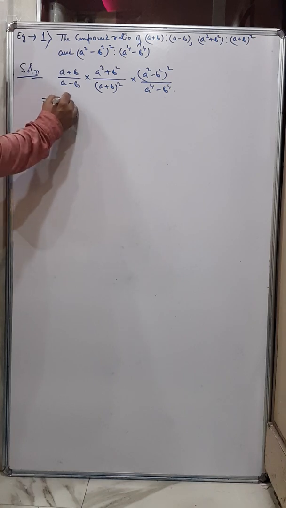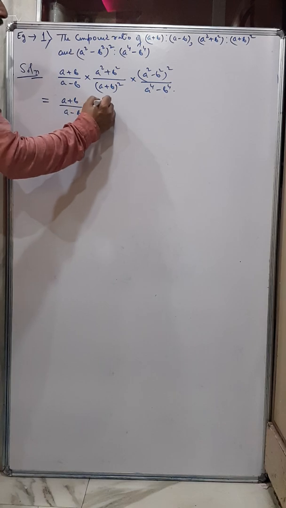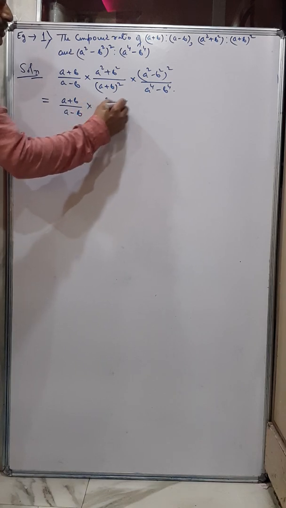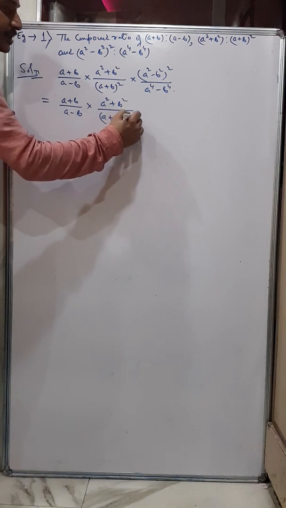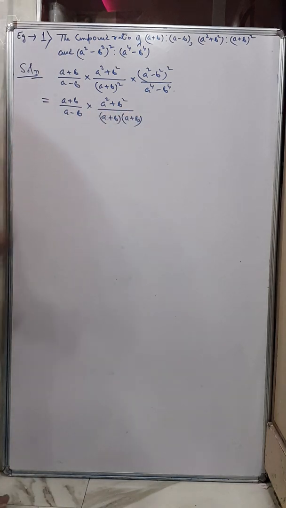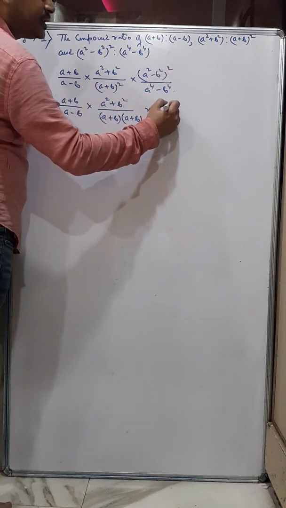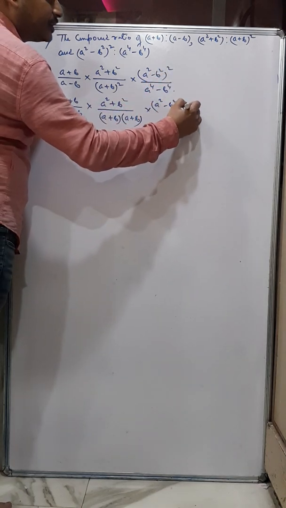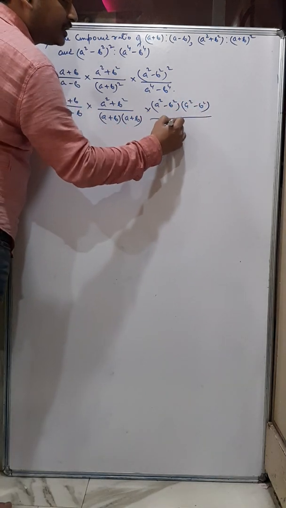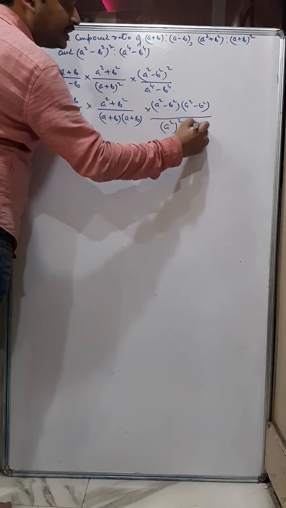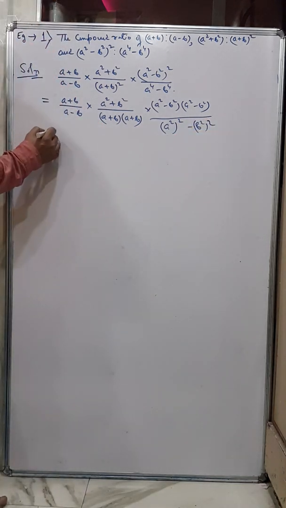A square plus B square will remain as it is. A plus B whole square means A plus B into A plus B. And A square minus B square whole square means A square minus B square and again A square minus B square. And A4 minus B4, I can write as A square whole square minus B square whole square.